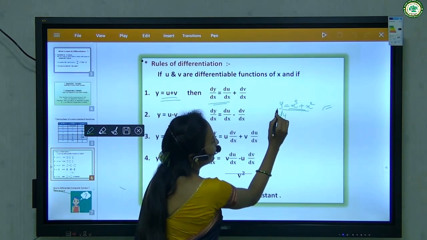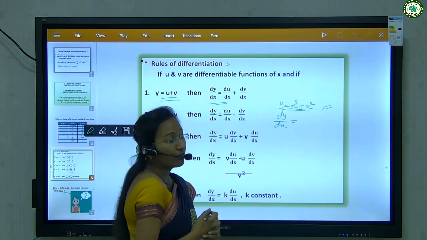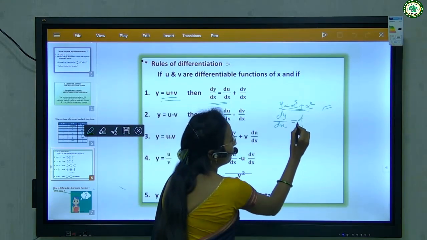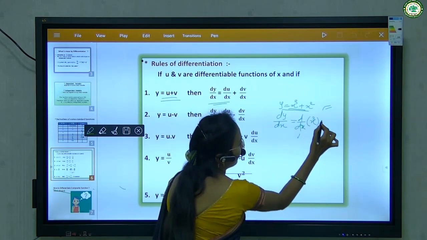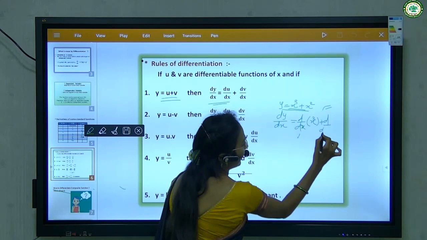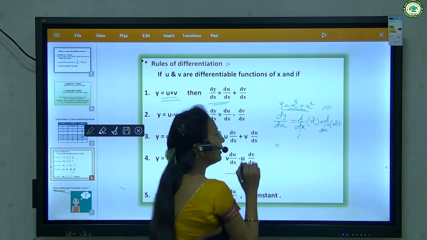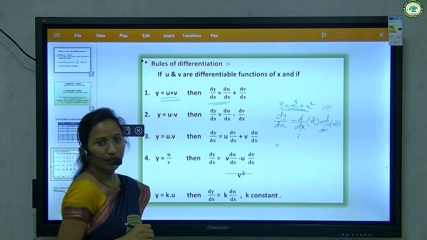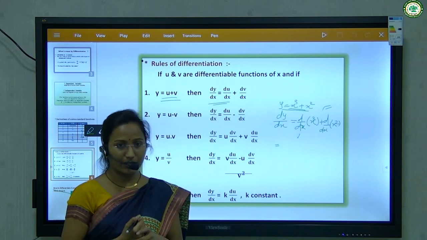Differentiating y with respect to x, we get dy upon dx is equal to d by dx of x cube plus d by dx of x square. Now we know that the derivative of x raised to n is n times x raised to n minus 1.